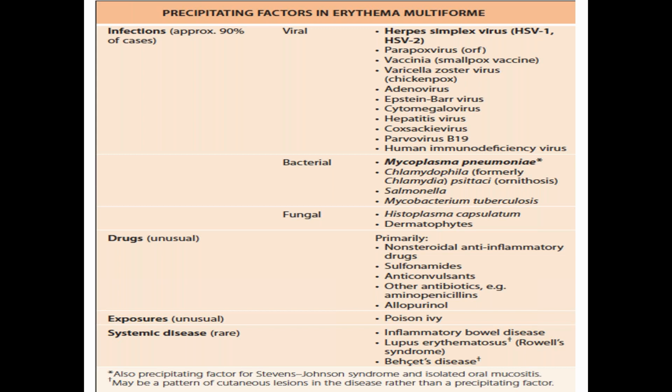Then drugs, primarily non-steroidal anti-inflammatory drugs, sulfonamides, anticonvulsants, and others. Some exposures, like poison ivy, can also cause it. Systemic diseases such as inflammatory bowel disease, lupus erythematosus, Reiter syndrome and Behcet disease can also give rise to erythema multiforme.